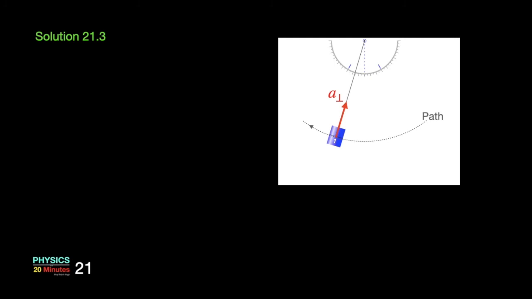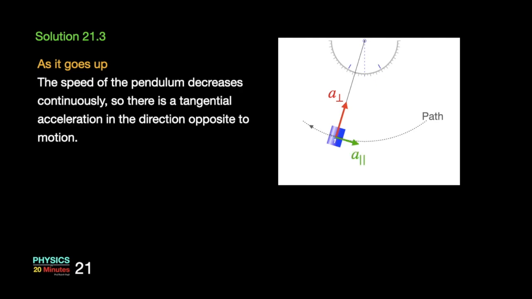Since it is still on a curved path, A perpendicular still exists. However, this time the speed of the pendulum goes on decreasing. Therefore, A parallel has to work in a direction which is opposite to the direction of velocity. Therefore, the net acceleration again can be obtained as a vector sum of A perpendicular and A parallel.